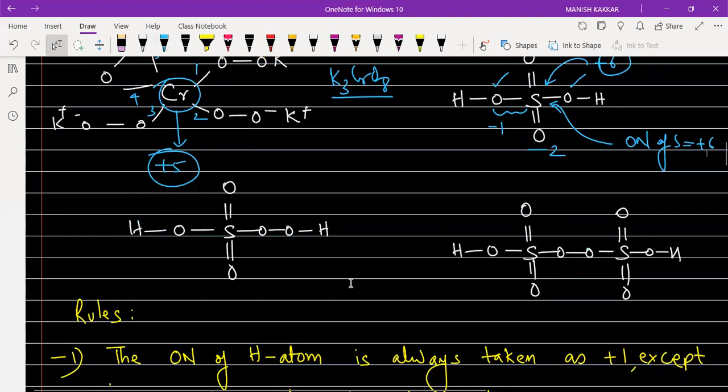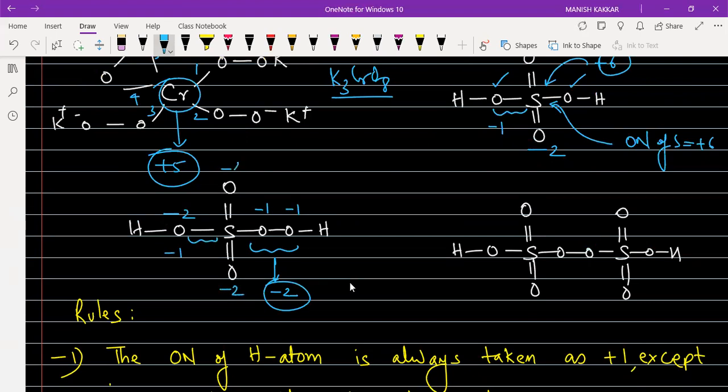Similarly, I am giving you 2 more examples in which there is also the peroxide linkage present. So these 2 oxygen atoms will overall have the -2 charge, but this one is having -1, this one is having the -1 charge. This one will have overall -2, and sulfur oxygen की वजह से oxygen पे charge -1 होगा.